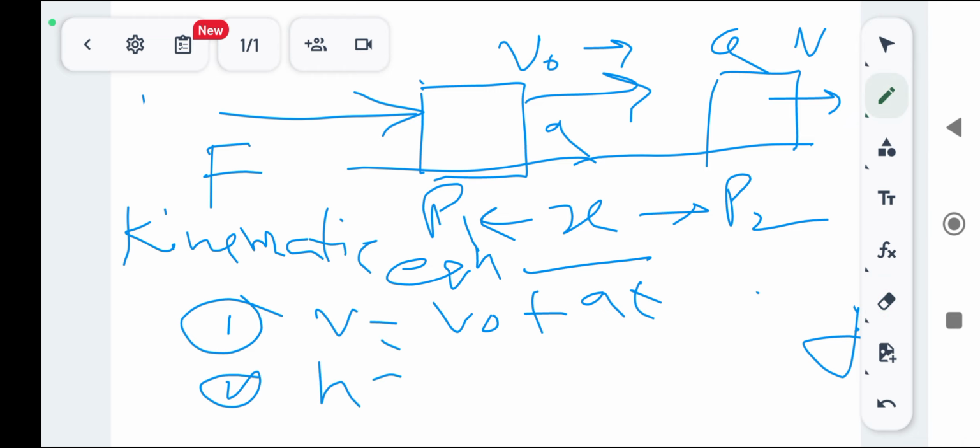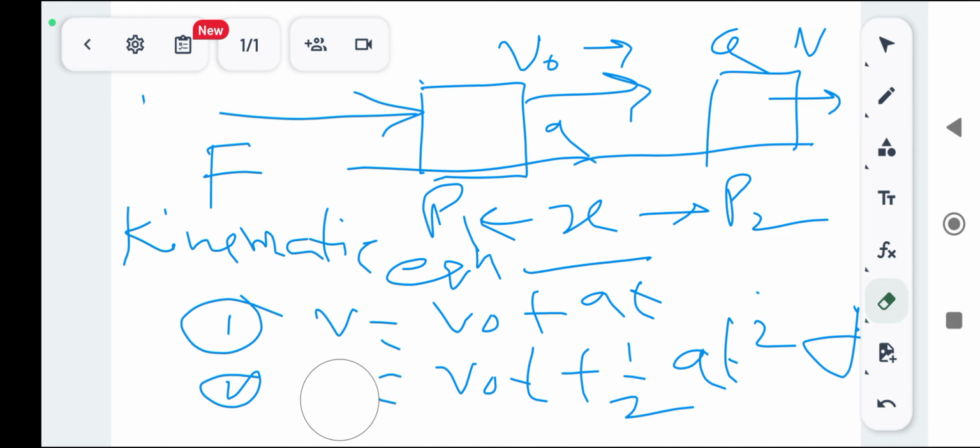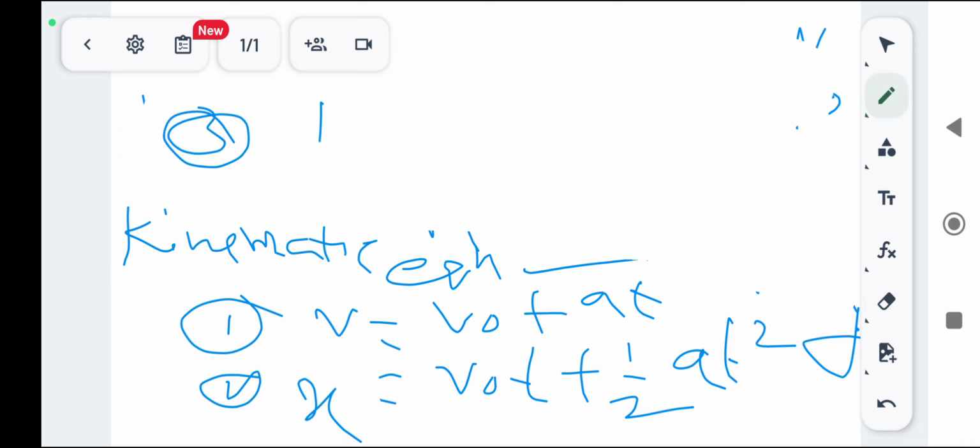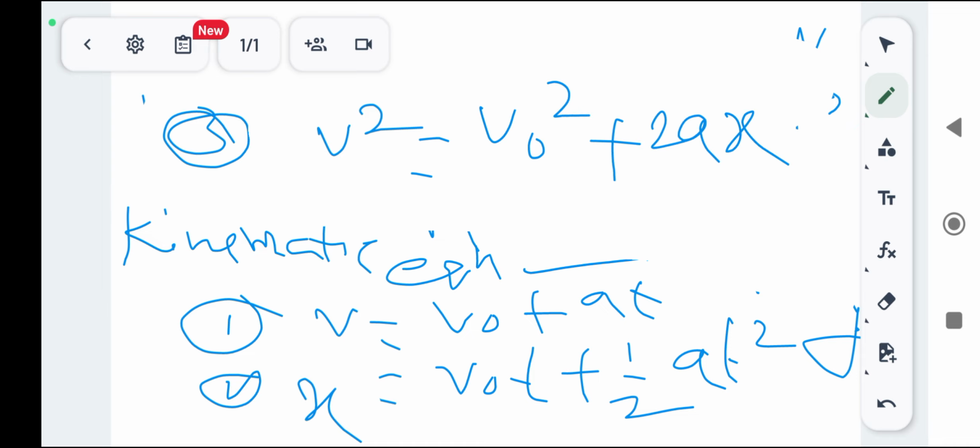Second is x is equal to v0t plus half at square. And third equation is v square is equal to v0 square plus 2ax. This is the third equation.